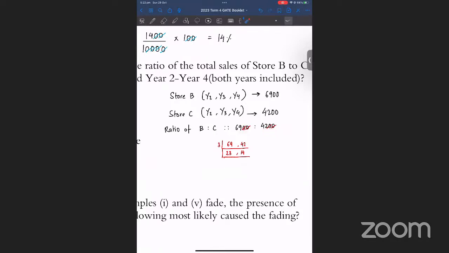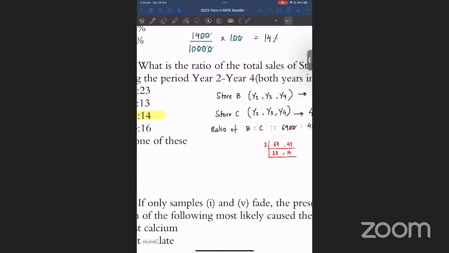So you divide both sides by 100. So 6,900 divided by 100 is 69, and 4,200 divided by 100 is 42. And then 69 and 42, what goes into both of them? 3 goes into both of them. So 69 divided by 3 is 23, and 42 divided by 3 is 14. And that is why it's 23 and 14.